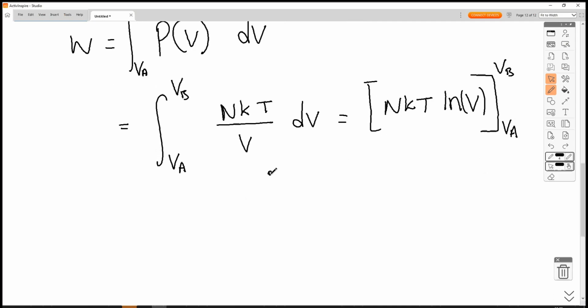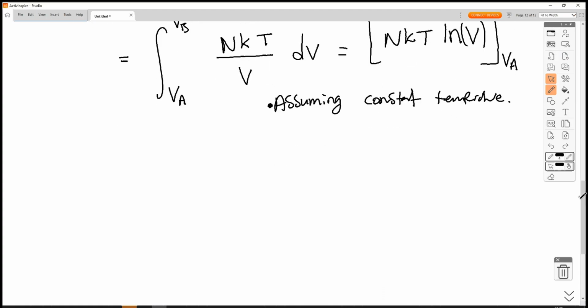Now here, we are assuming a constant temperature. And we might not have constant temperature.